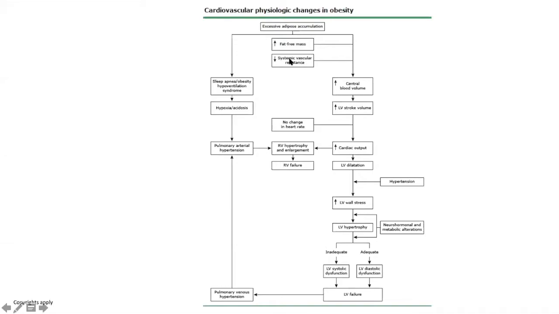So there is increased cardiac output, and that cardiac output initially will be accommodated by higher volume with little dilatation, giving rise to some hypertension, and ultimately left ventricle will be stressed, giving rise to left ventricular hypertrophy or eccentric hypertrophy or cardiomyopathy, and ultimately left ventricular failure. So ultimately both will sequentially give rise to biventricular failure.